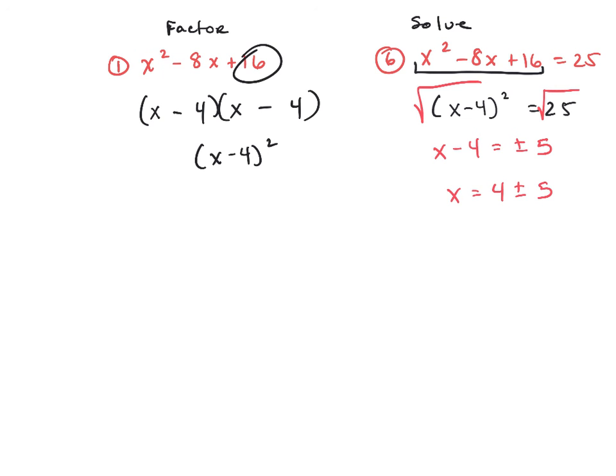So I've added the 4 to both sides, and we get our two answers, 4 plus 5 and 4 minus 5. And those are the two solutions that would make this problem true. If x is 9, you're going to get 25 for a solution, and if x is negative 1, it would also equal 25. So they both make it true.